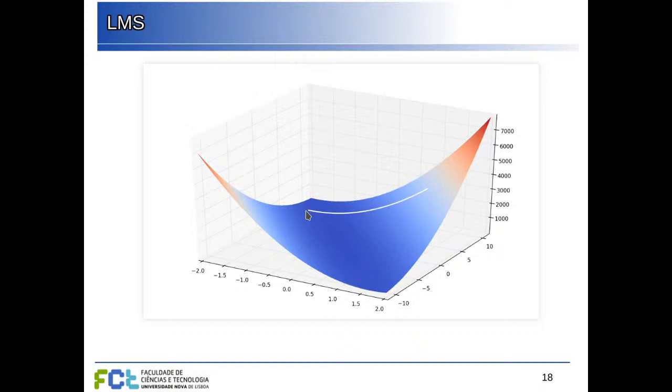Then it will change direction and repeat the process, and it will do this by wandering around the surface, but always trying to go down until it finds the best spot, so the spot where the quadratic error is minimized. And one reason why least mean squares optimization in this case is very useful is because of the shape of this function. This quadratic function has a very nice shape for minimization.